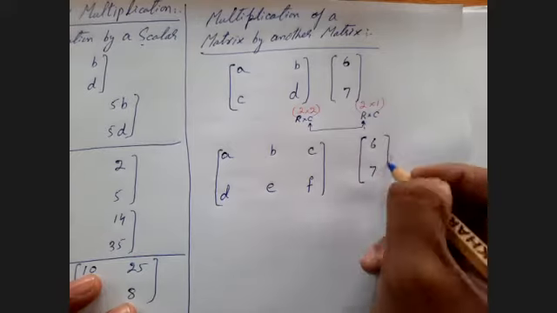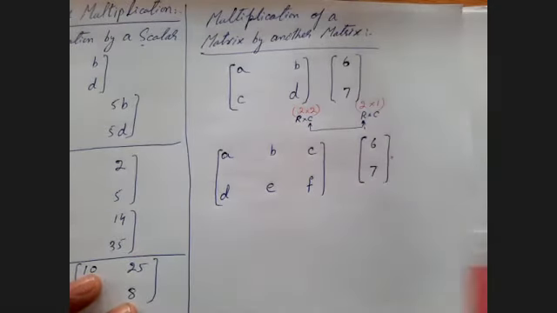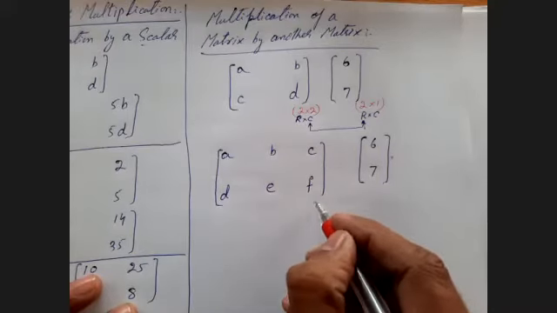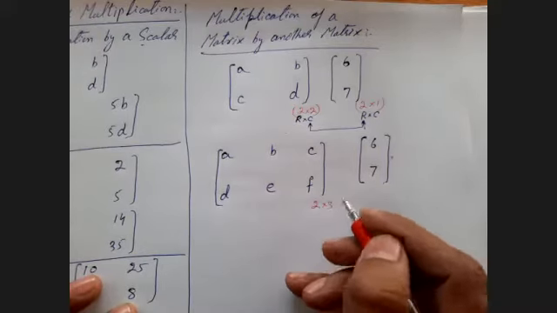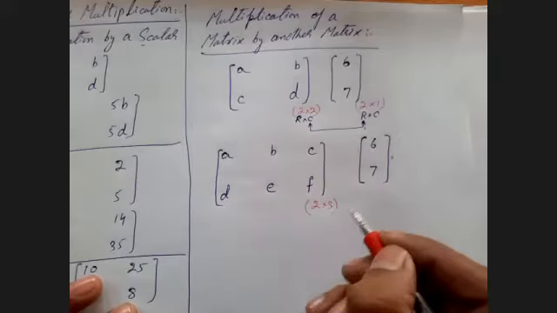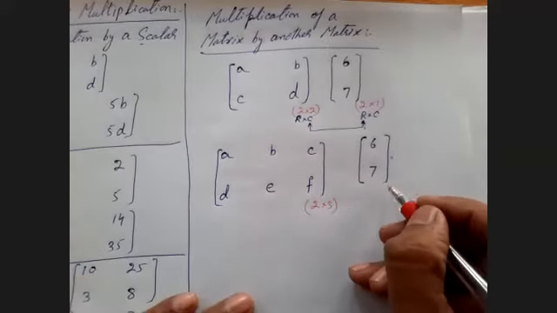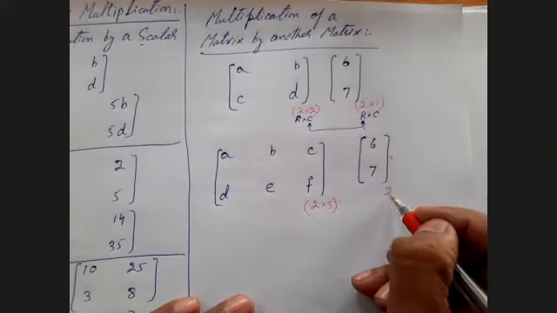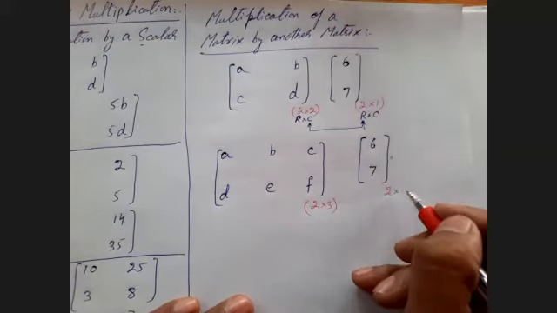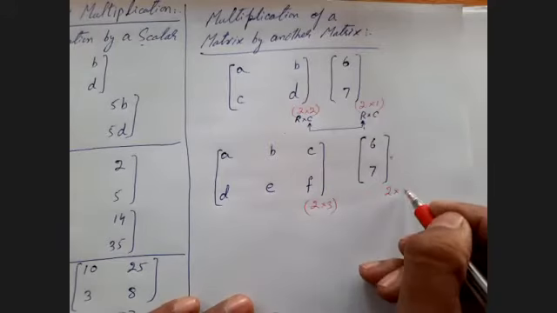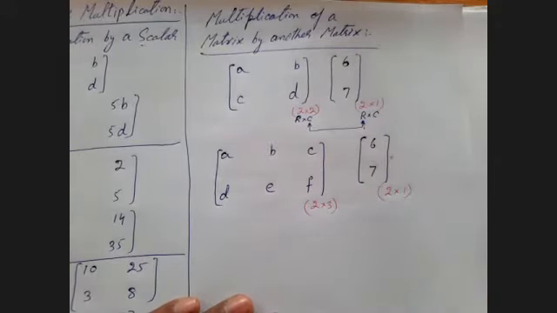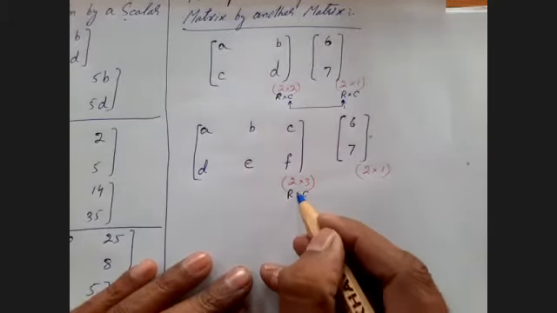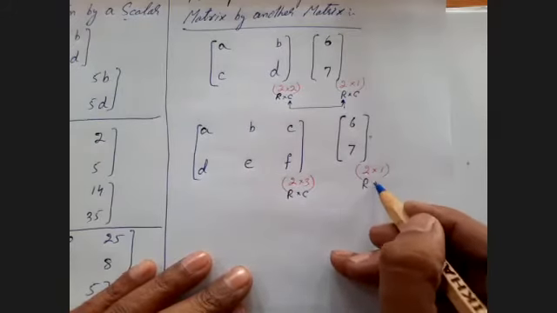Now you can see the order of the first matrix: there are 2 rows and 3 columns, 2 into 3, and here I have the matrix with 2 rows and 1 column. Now you can see that this is row and this is column.